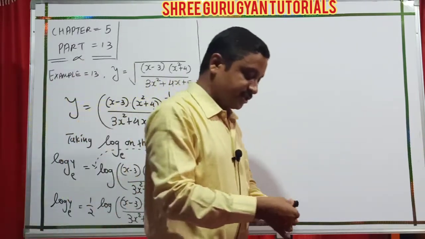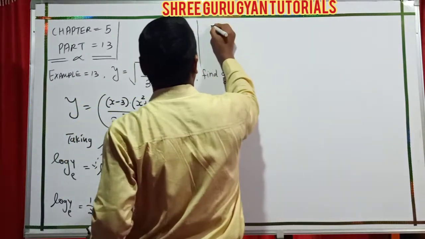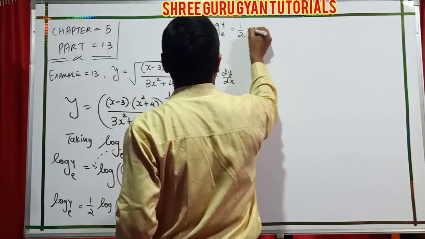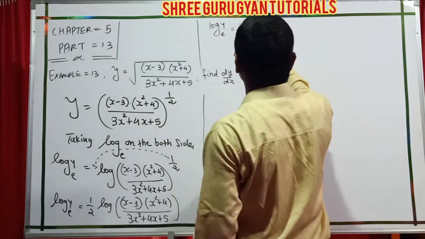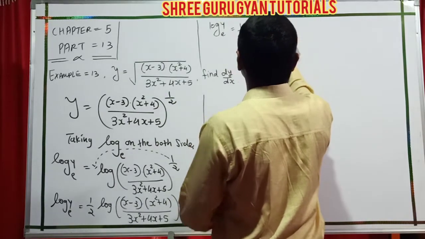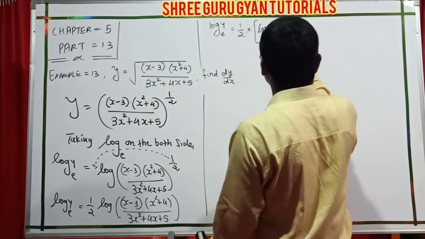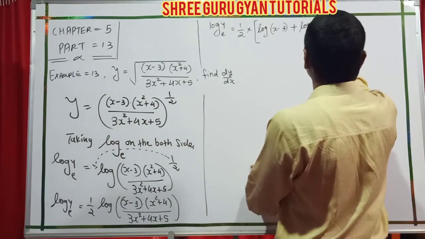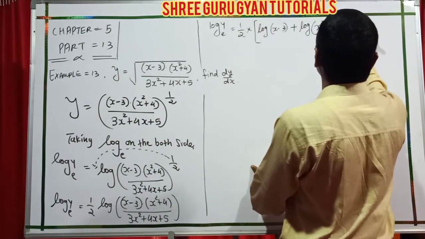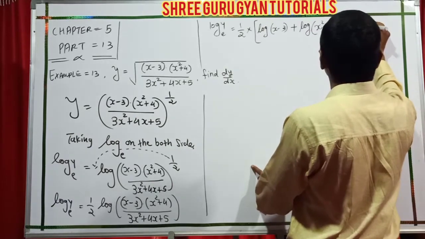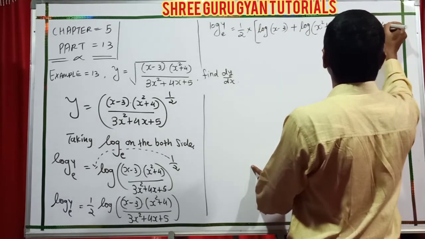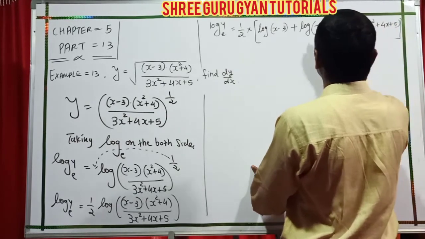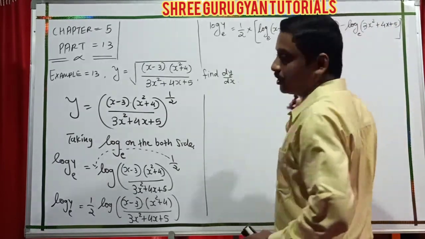So I get log y base e, half the same, and this part, students: log of the first, then plus log of the second, and for division, subtraction, log of 3x square plus 4x plus 5. Base e is the same, here also base e and here also base e.